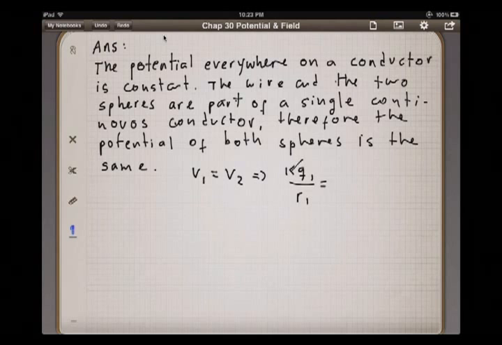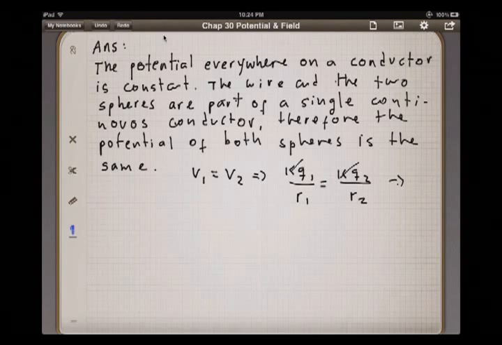I'm going to model the potential on sphere 1 as kq over r. The same for sphere number 2. So we're basically assuming that the spheres are far enough from each other that each sphere will have a spherically symmetric distribution of charge, which allows us to use that the potential is kq over r.